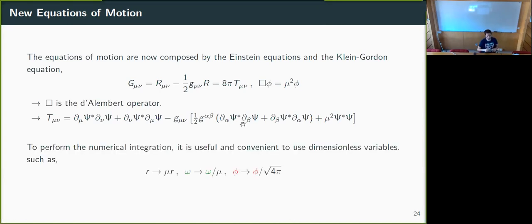In order to perform the numerical integration, it is useful to use dimensionless variables. As you can see in this energy-momentum tensor, there's this quantity, the mass of the scalar field. So it's better if we write everything in terms of this mass, and that's exactly what we did here.